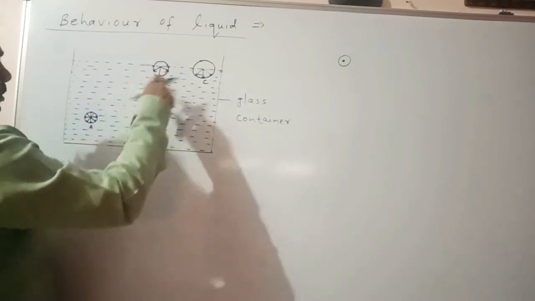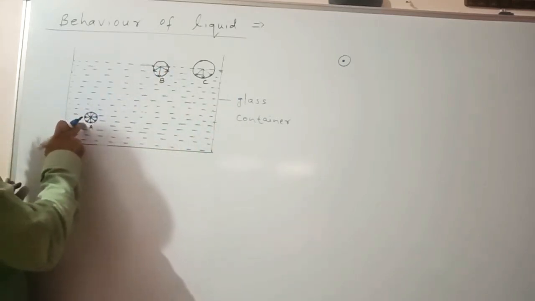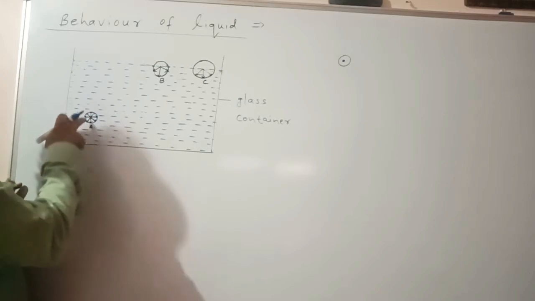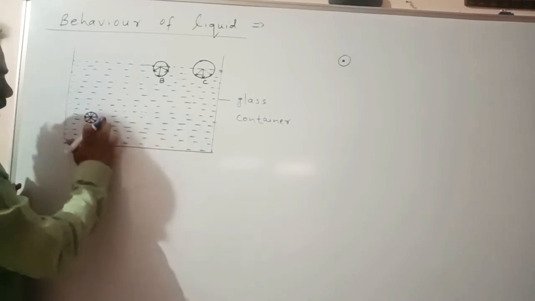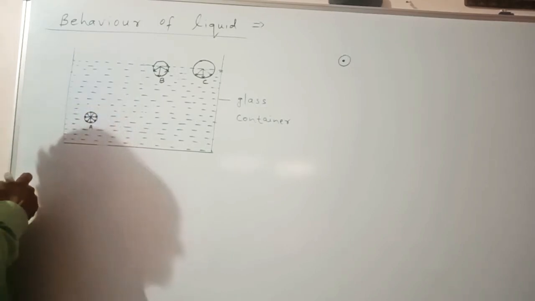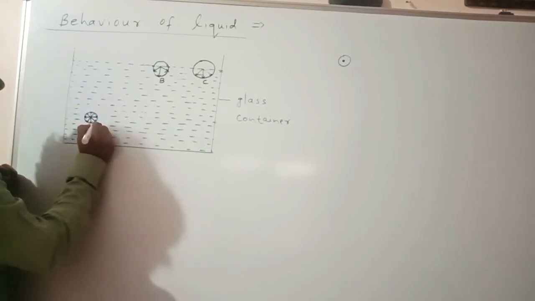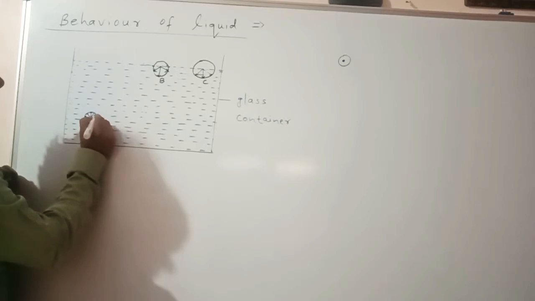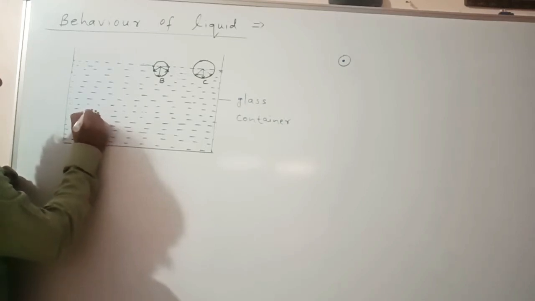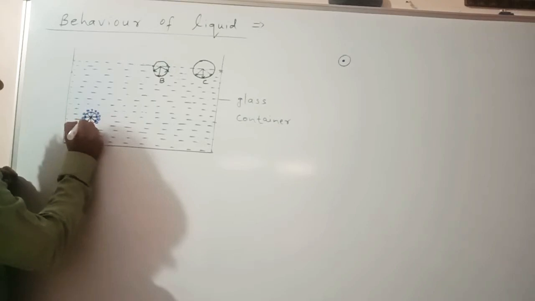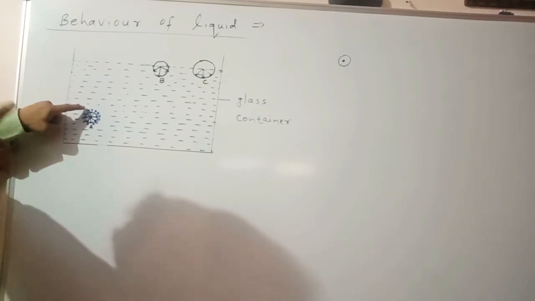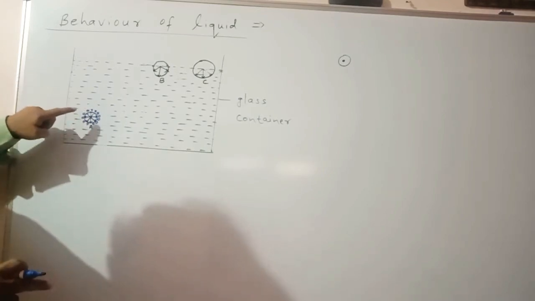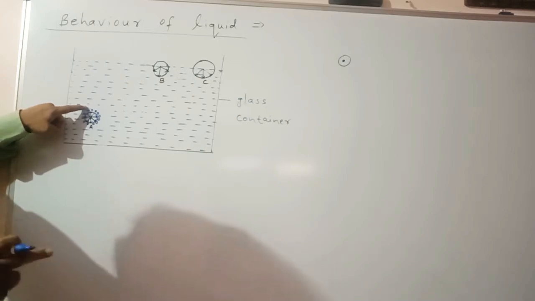Out of these three water molecules, the A molecule is completely inside the liquid. So around this water molecule there are a number of water molecules, and obviously between two molecules of the same substance there is an intermolecular force of attraction.